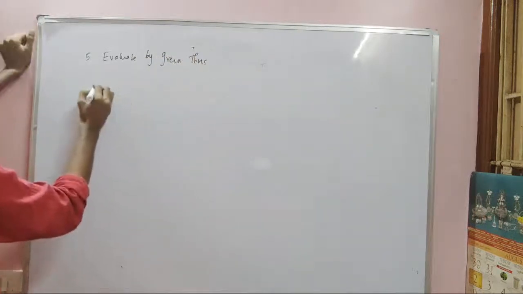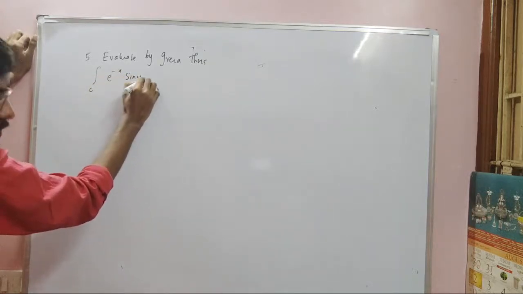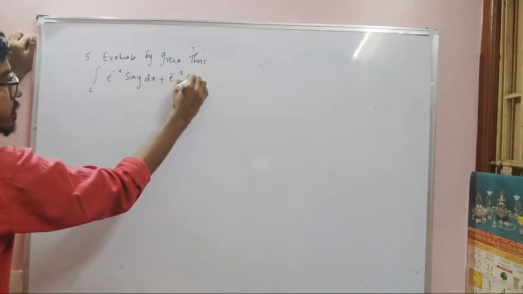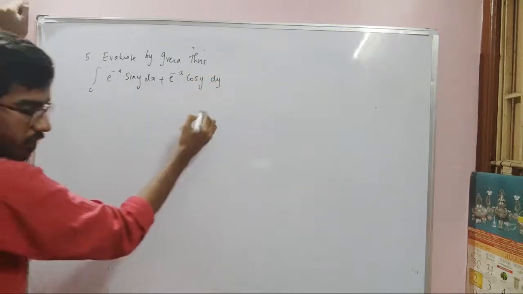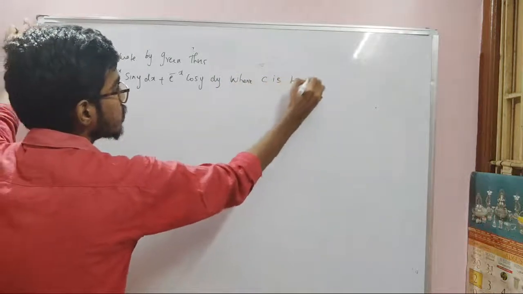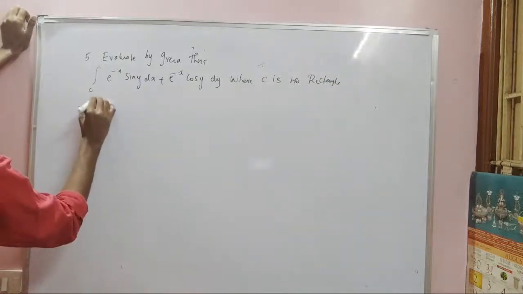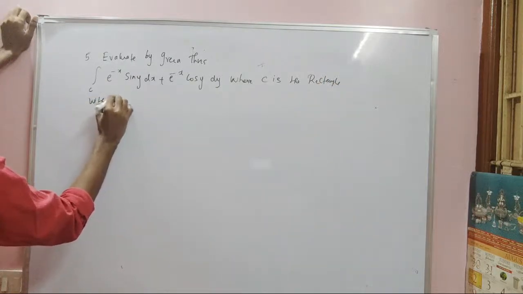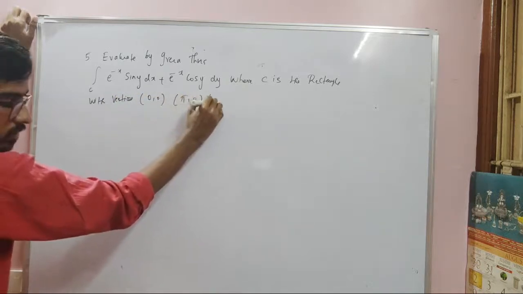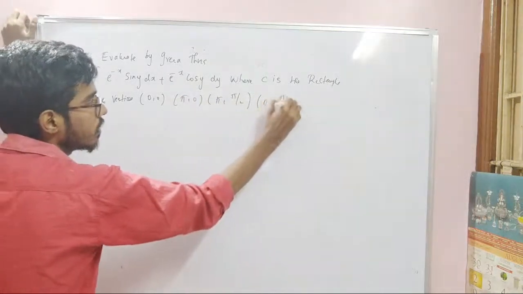Evaluate by Green's theorem the integral over C of e power minus x sin y dx plus e power minus x cos y dy, where C is the rectangle with vertices 0 comma 0, pi comma 0, pi comma pi by 2 and 0 comma pi by 2.